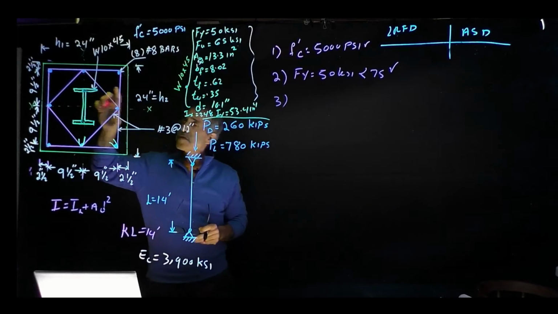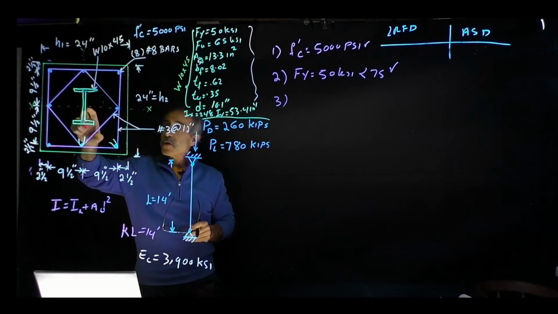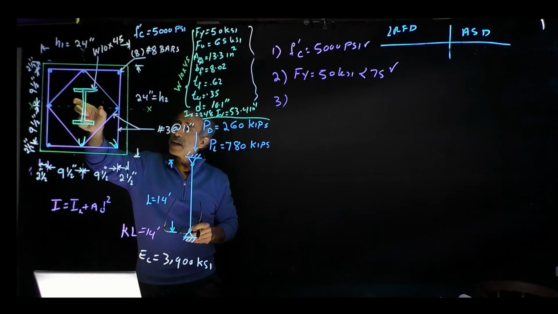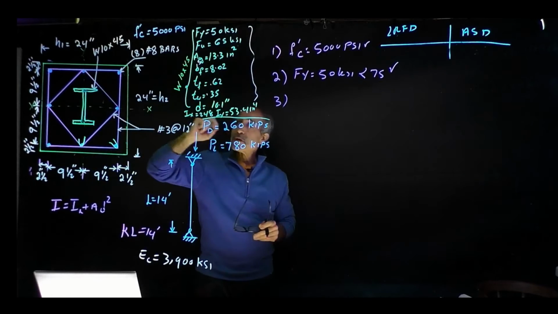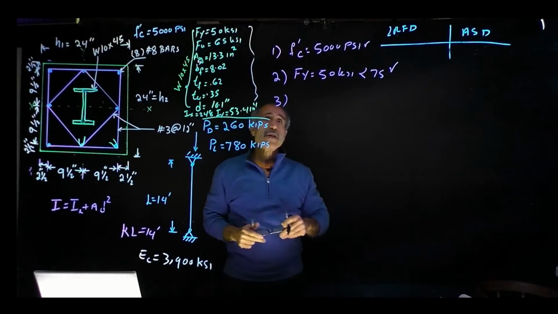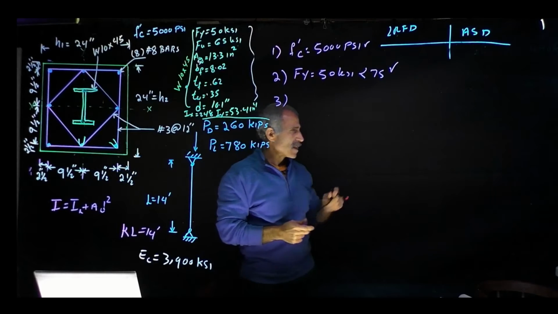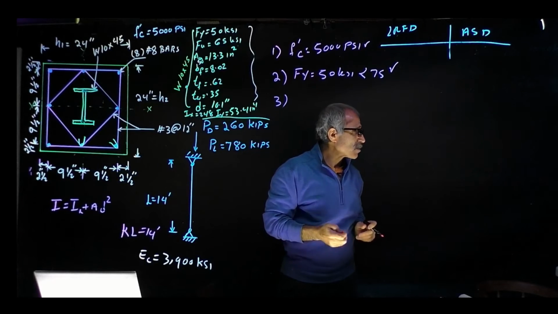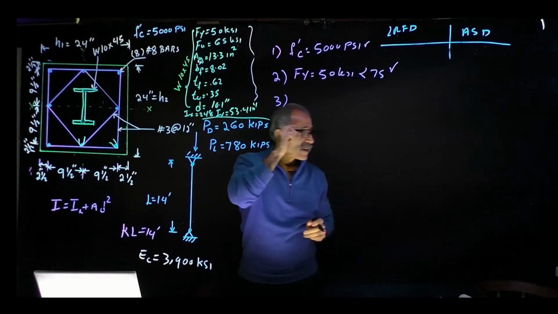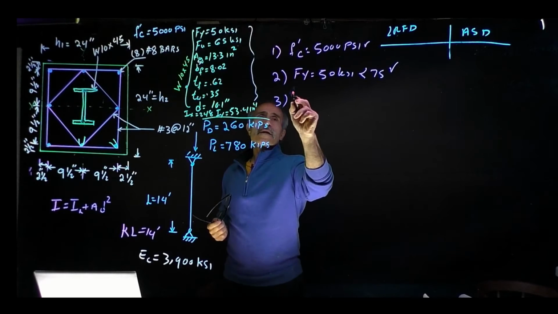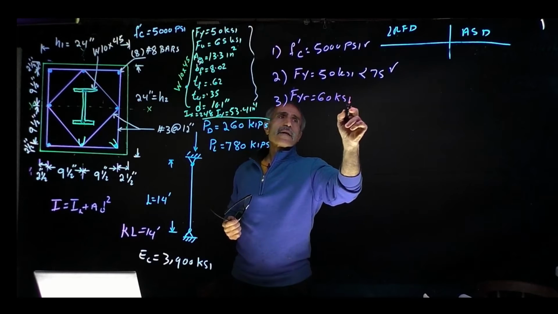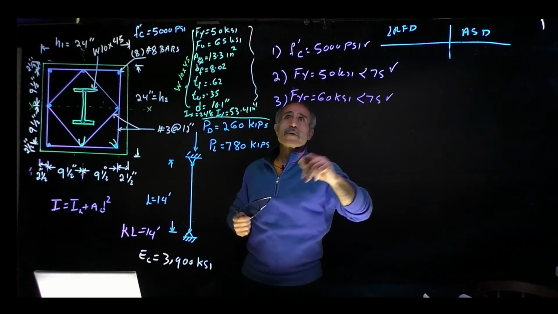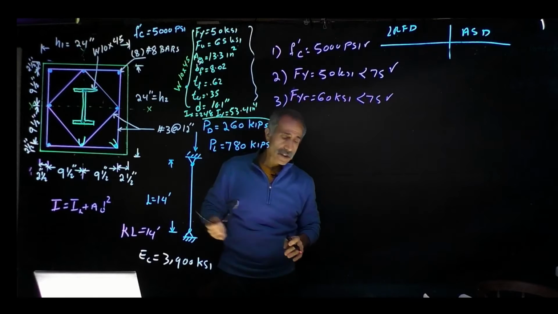We have 3 different materials in this composite column: the steel, the concrete, and the rebar, and we check all 3 to make sure they meet the specification. The first 2 did. The spec says the rebar has to be less than 75 KSI, and our rebar Fy is 60 KSI, which is less than 75, so we're good. Our material specification checked, no problem.